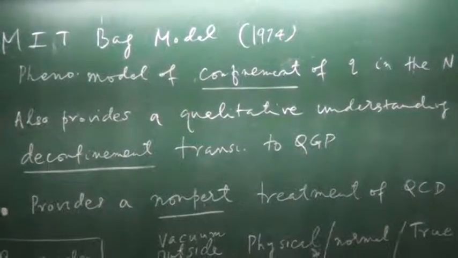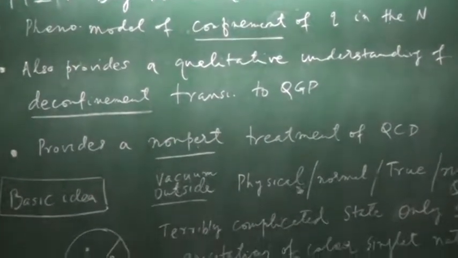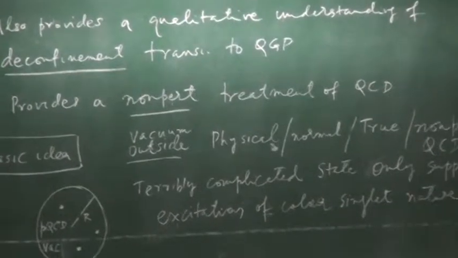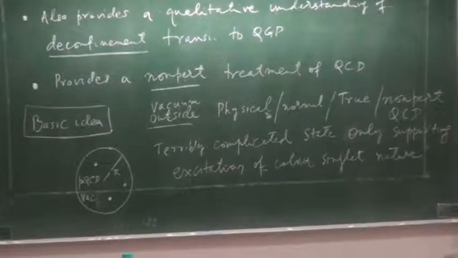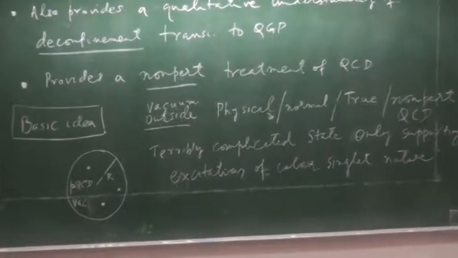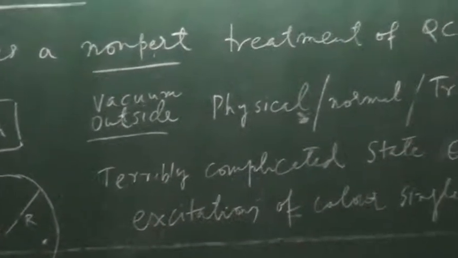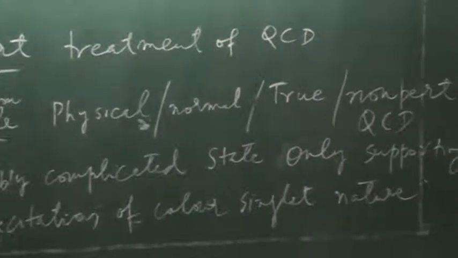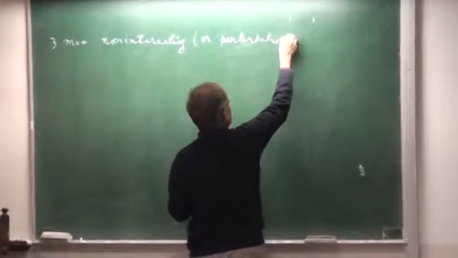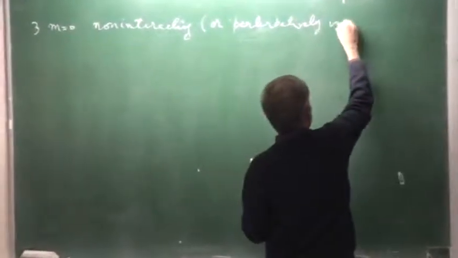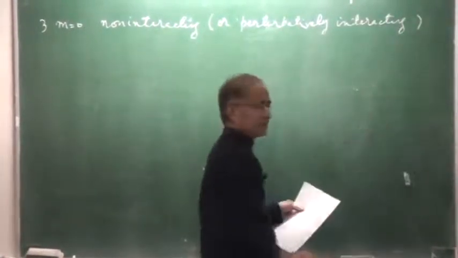Now let's try to write an energy of such a state. One more thing, these quarks will be treated as non-interacting or perturbatively interacting, which means they can exchange gluons.